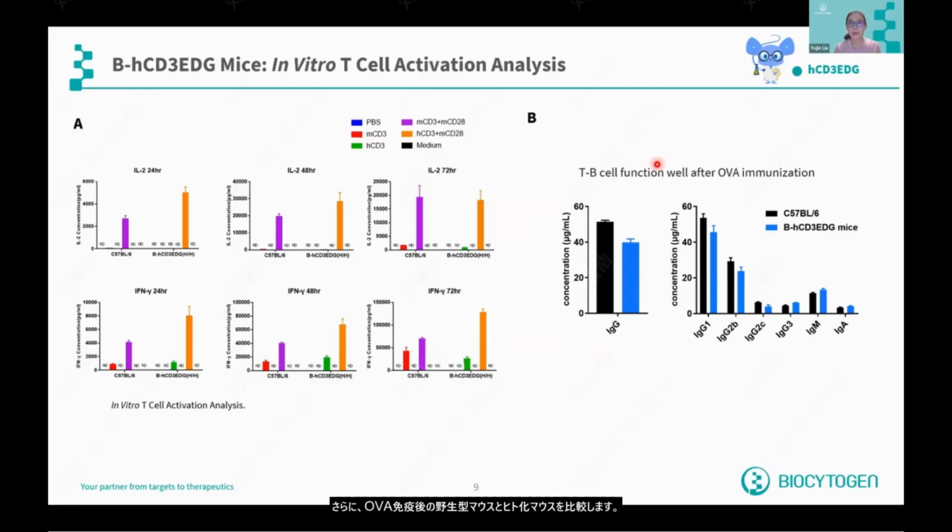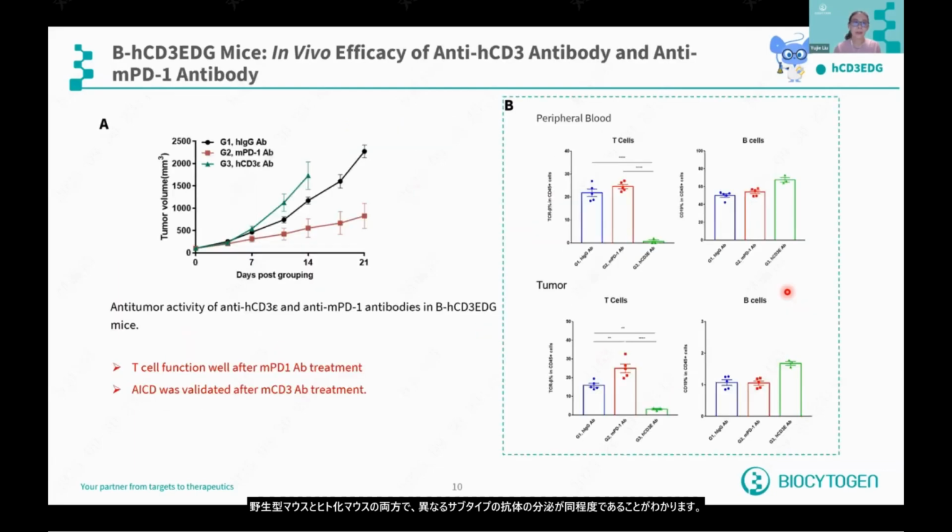Meanwhile, we also compared the wild-type mice with the humanized mice after OVA immunization, and we can see that the secretion of the different subtypes of antibodies is comparable in both wild-type mice and the humanized mice.